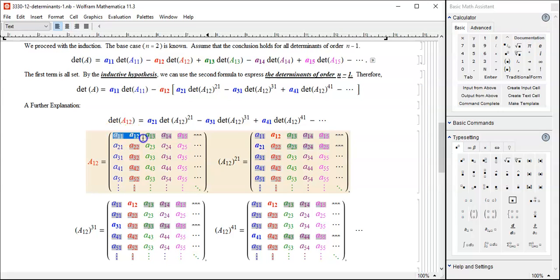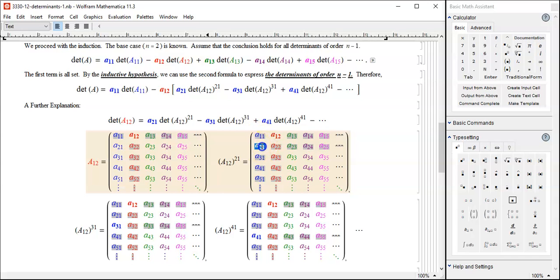So A12, take this out and that out. What's left is the deleted matrix A12. And then let's go to the column. First column. This is the first entry because the first row is gone. Next entry, next entry, next entry through the columns.